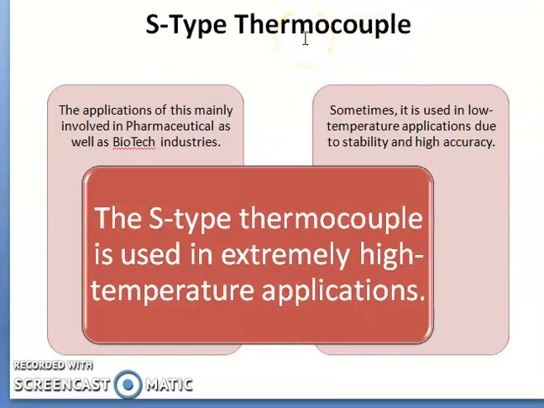And in the case of the S-type thermocouple, it is used for extremely high temperature applications. The applications of this mainly involve the pharmaceutical as well as biotech industries. Sometimes it is used for low temperature applications due to its stability and high accuracy.